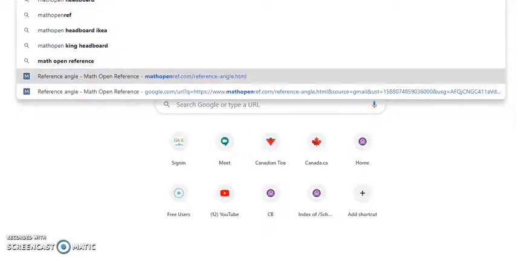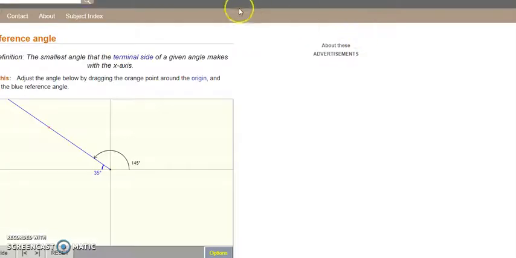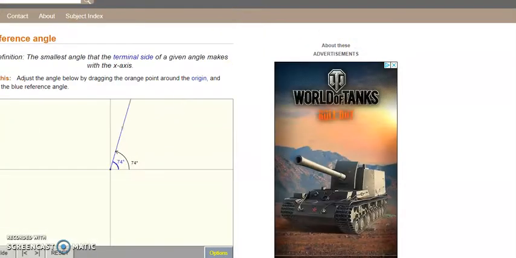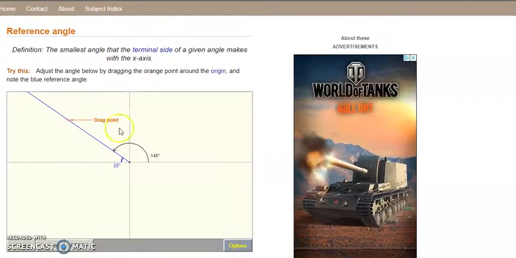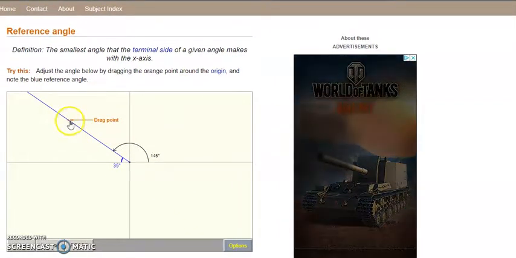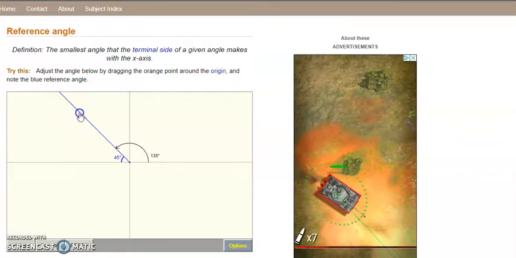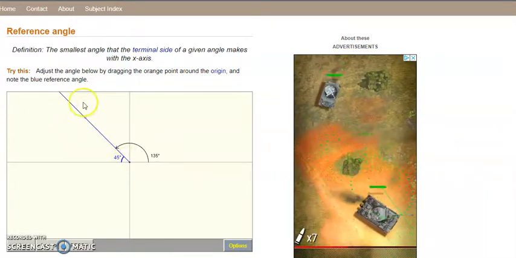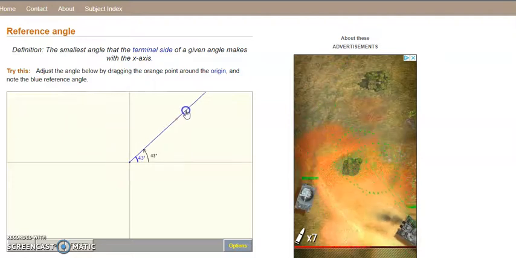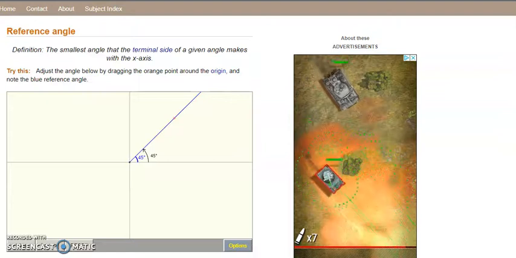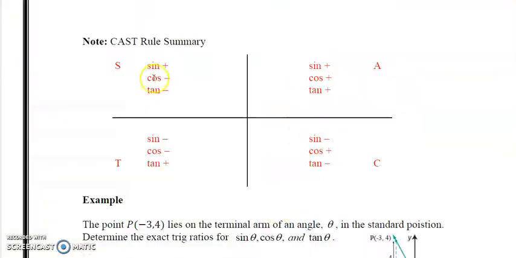It's mathopenref.com. I'll make sure I pop that in there. So look at this. It's right here. It's actually neat that it was on 135. There we go. See how the reference angle is 45? And in quadrant 1 it's 45. So you'll notice when you flick back to your sheet, the sine is also positive here.